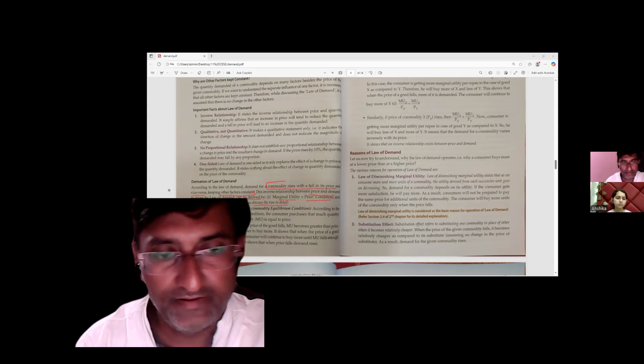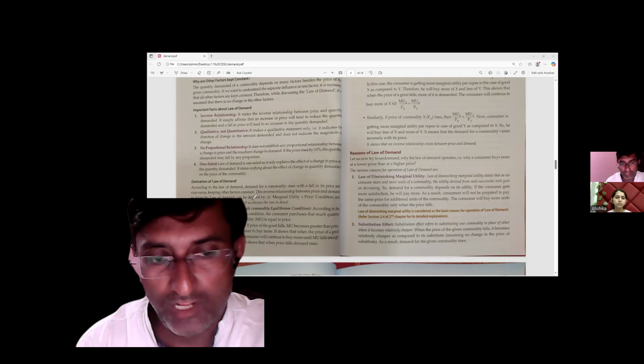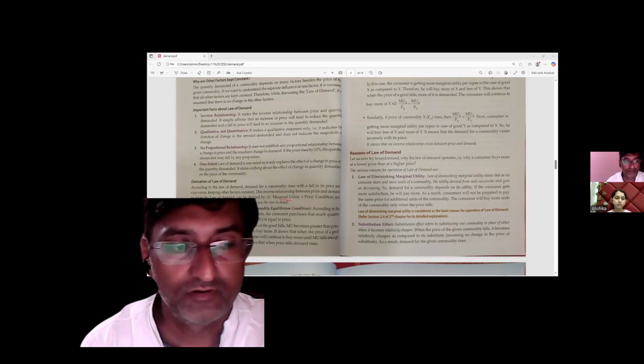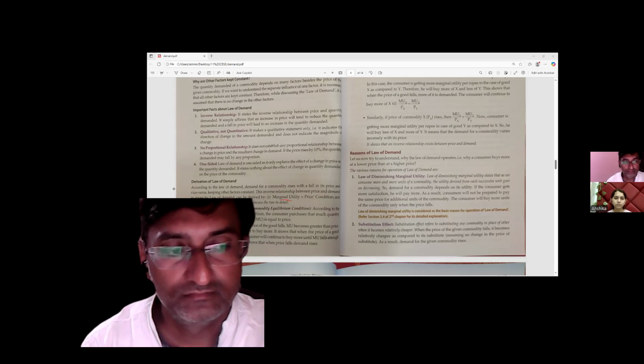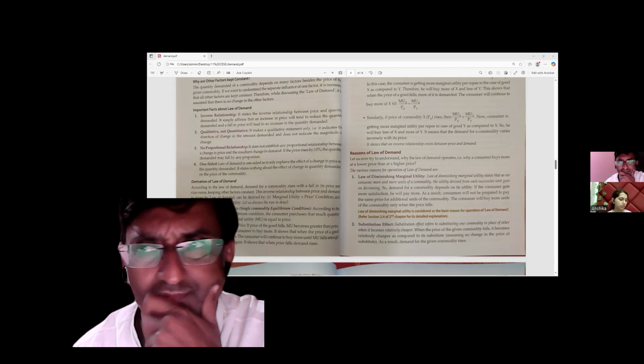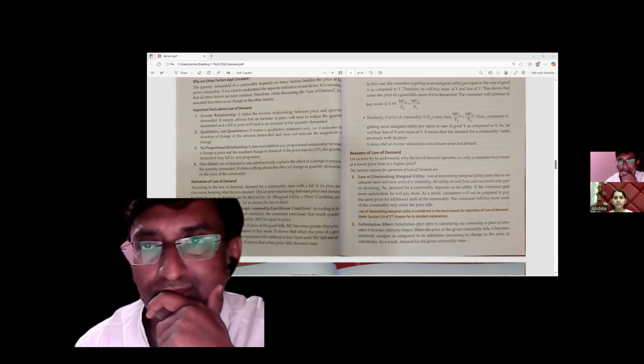Now what we have to see here is how many types of derivation there are for the law of demand. First one is marginal. What is the meaning of marginal? Do you remember? Guess it. When there is an additional utility.